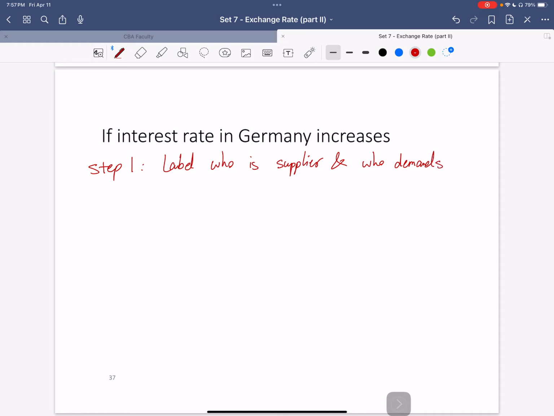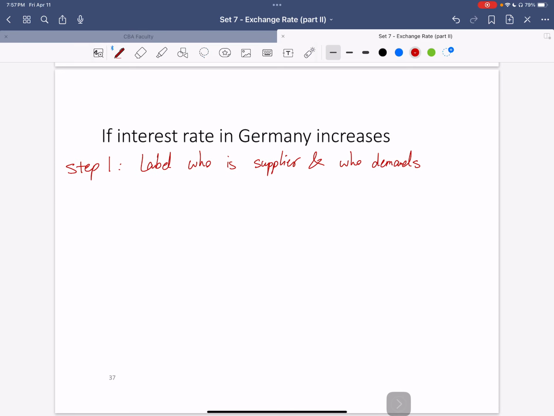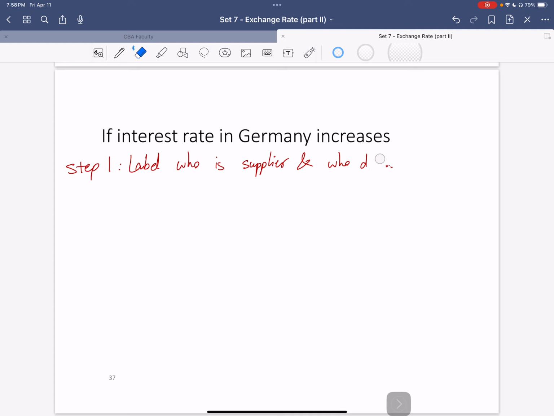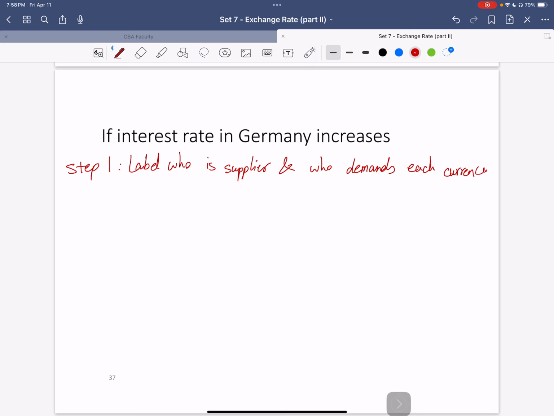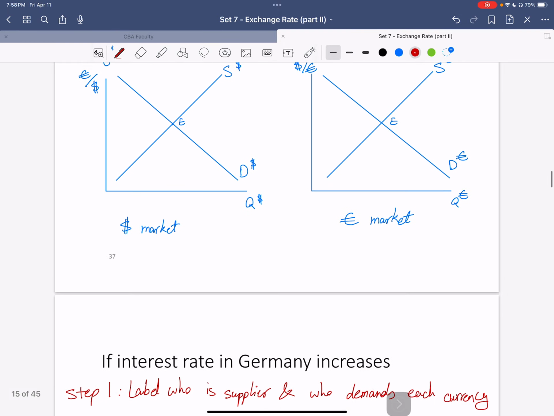Who demands each currency. Let me just fit this in one line. Okay, let's go back to the graph and label.